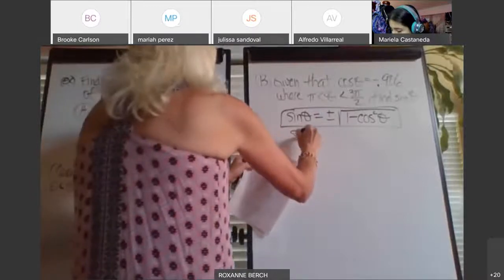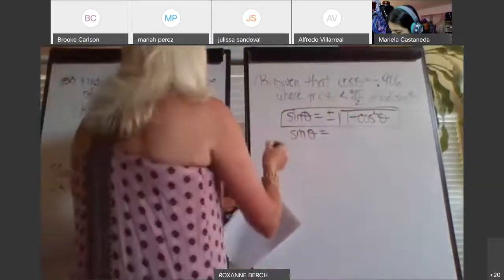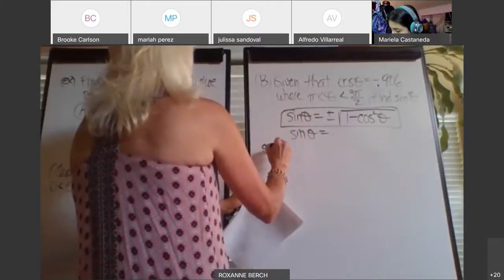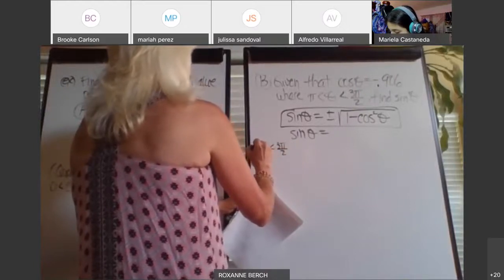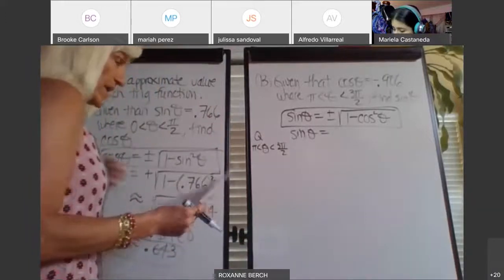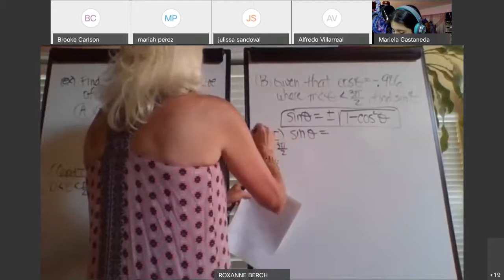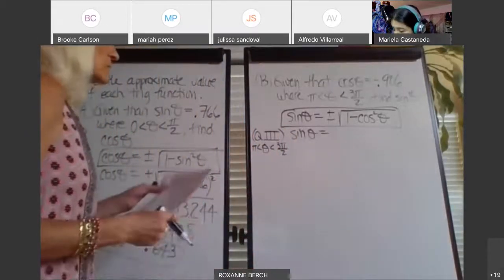We can figure out the quadrant now or later, doesn't matter. But that, where theta is less than 3 pi/2 and greater than pi, puts you in quadrant, what, 3? Yeah.